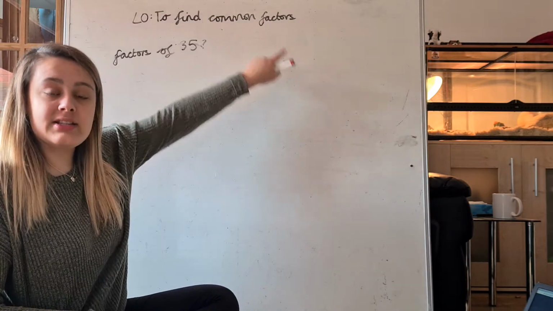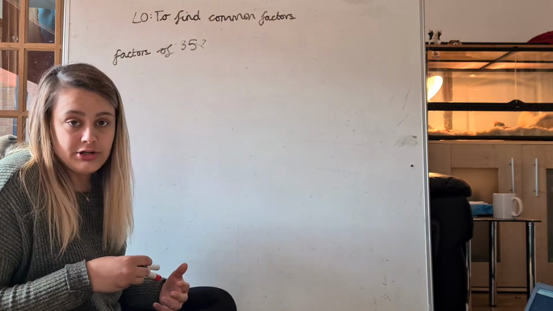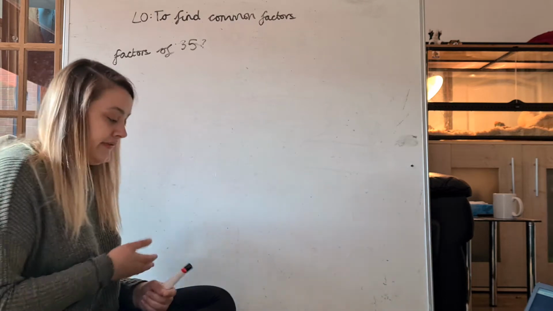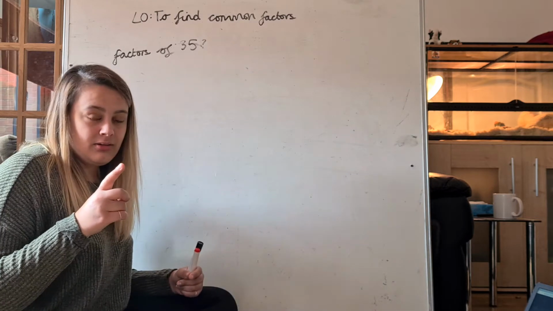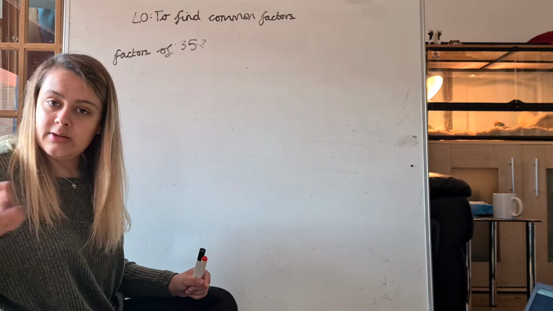Factors, just factors, are numbers which divide exactly into another number. So, for example, a factor of 15 would be 5 because you can do 15 divided by 5, which equals 3. That also means that 3 is a factor of 15 because you can do 15 divided by 3 equals 5.